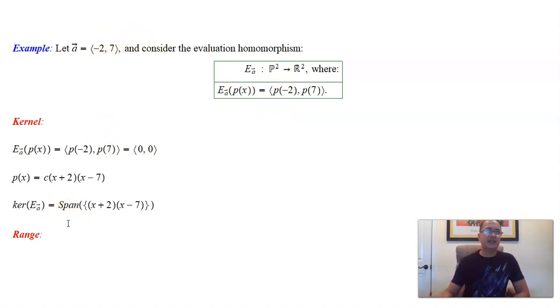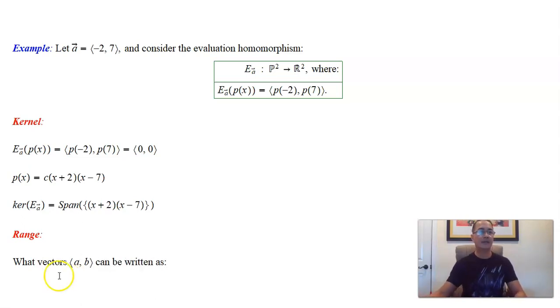Now what about the range? The range, for me, is usually the harder question. So the question here is, what vectors, I will call that vector AB, can be written as p of -2 and p of 7?